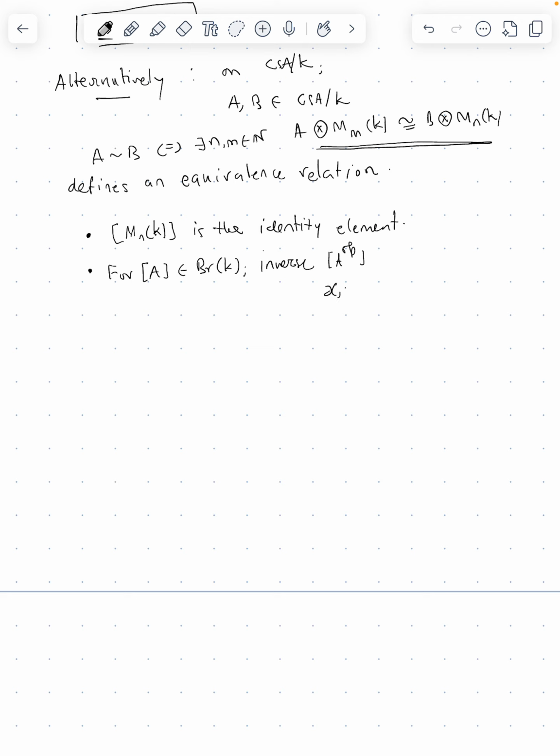So for x and y, it is the same, but the multiplication operation is y times x, where dot denotes the multiplication in E. And that is because A tensor A opposite is just the endomorphism algebra.